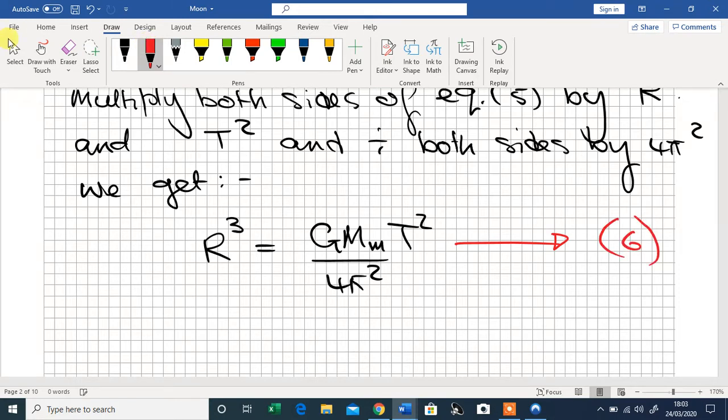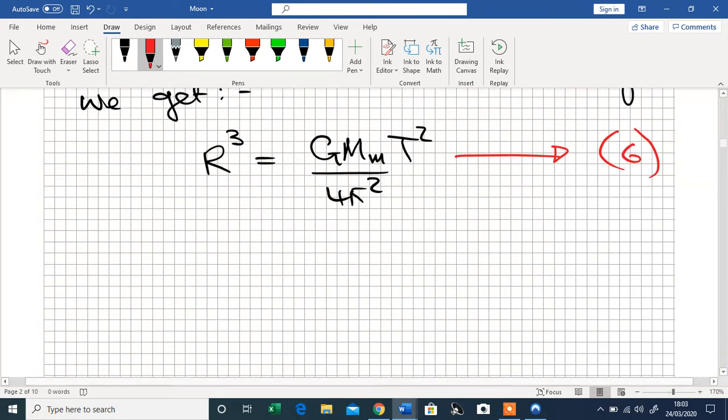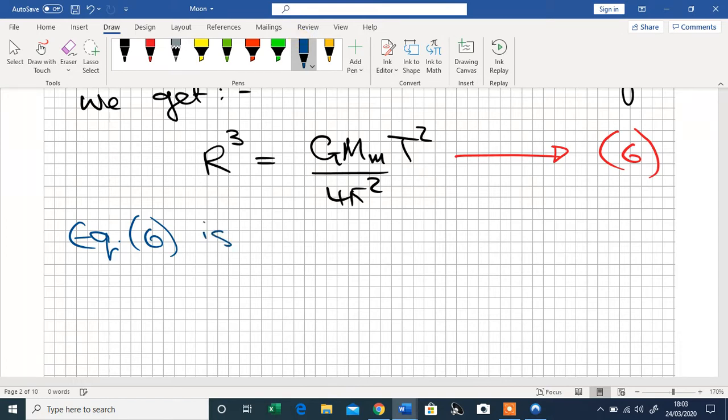Right? Now, what is equation 6? Well, equation 6 is Kepler's third law. And there are various forms of this.